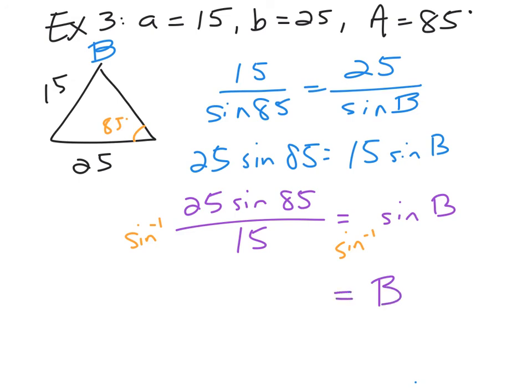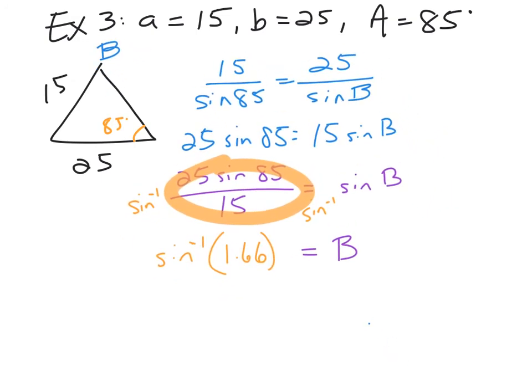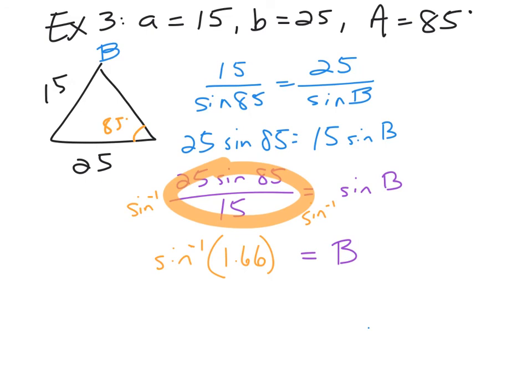and then when we type all of this into our calculator, we should get an error. And that's because this value right here ends up being approximately 1.66, and if you remember from our studies of trigonometry, that's not possible.